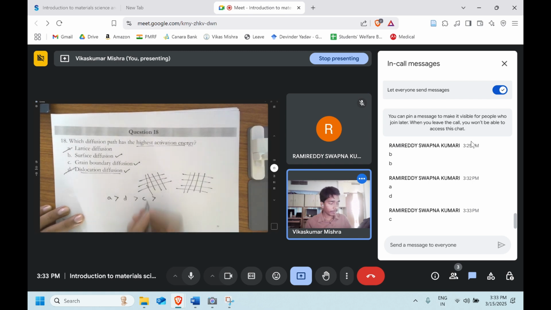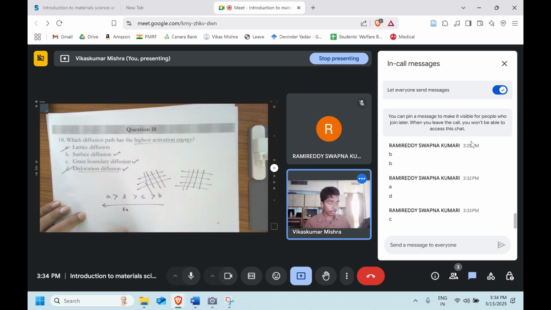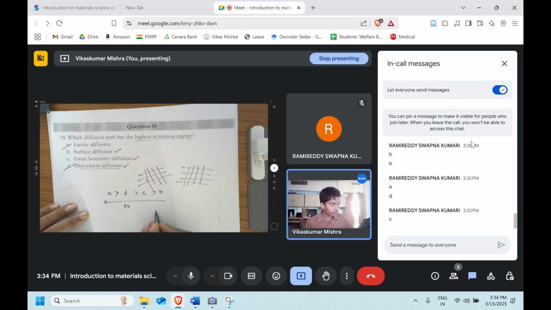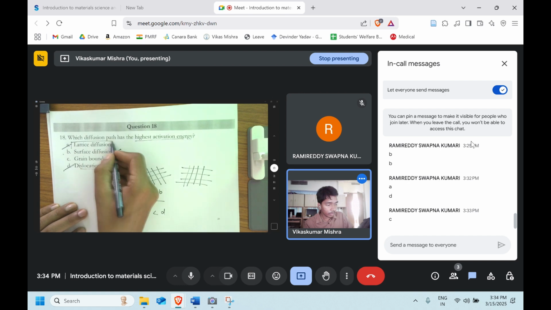It will be the grain boundary, right? And the remaining is B. So this is the order of the activation energy. The ease of diffusion will be the opposite. Okay, so our right answer is option A.